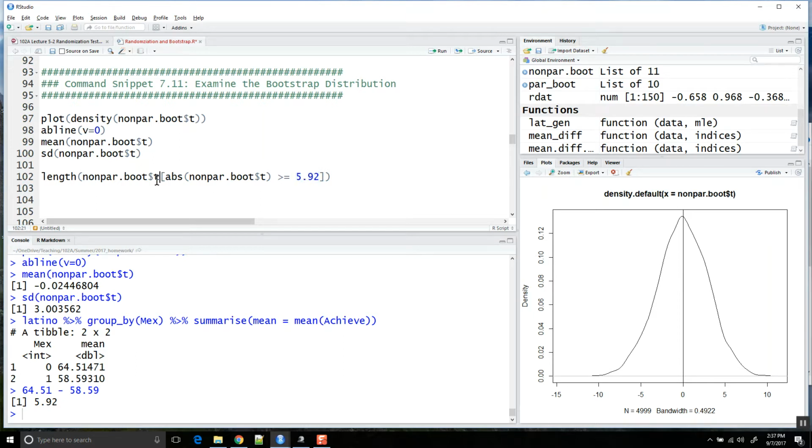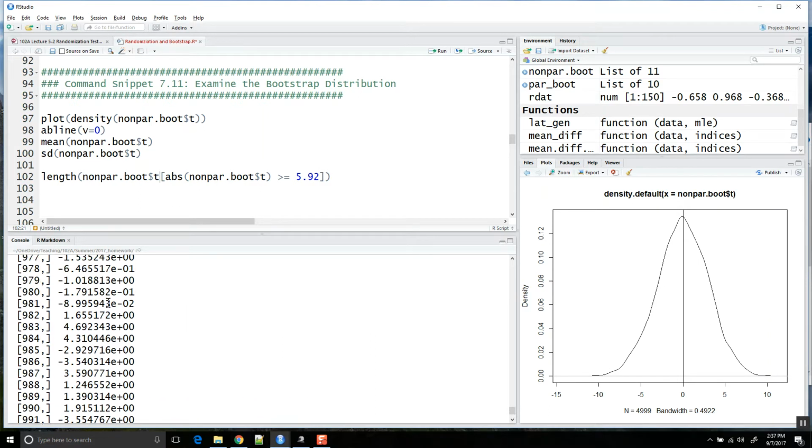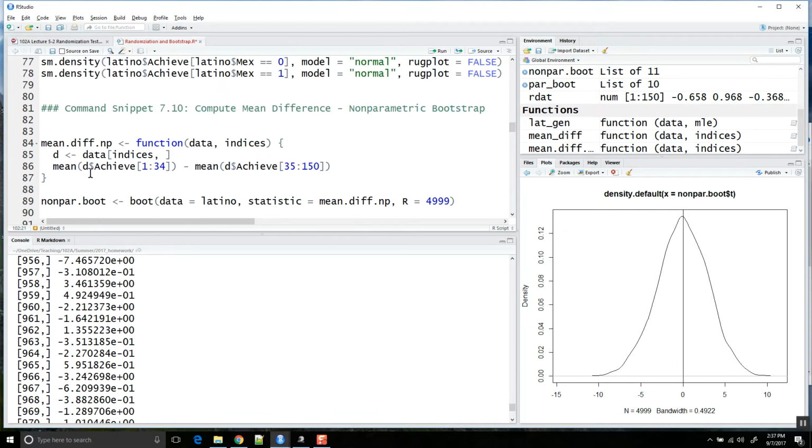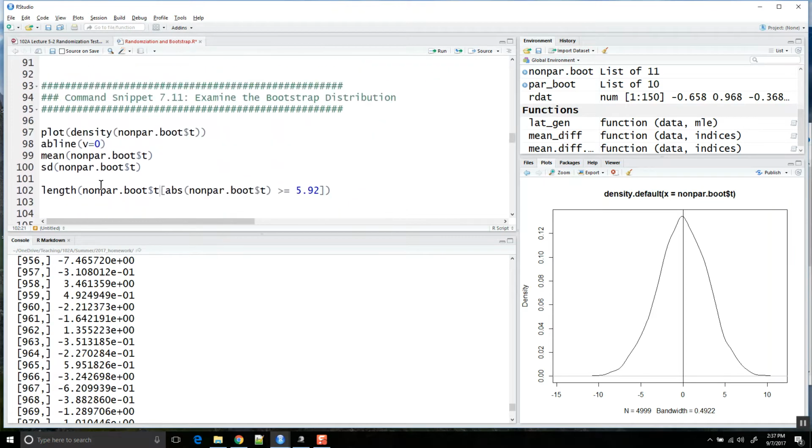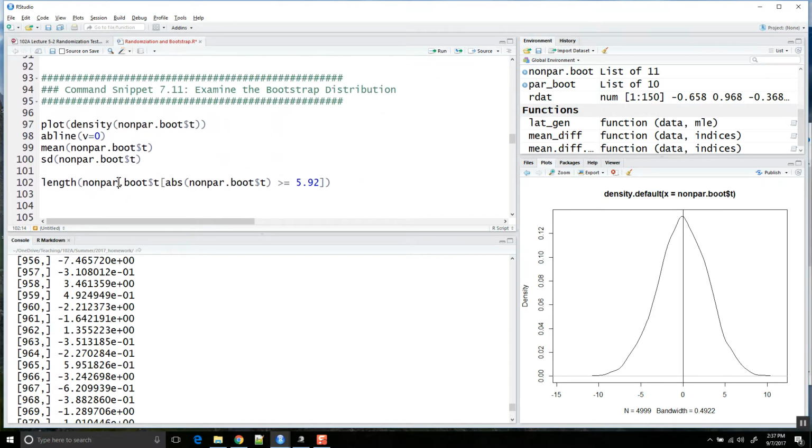Okay, and so the value that we are going for is stored in our results under the $T. So we say nonpar.boot$T. These are the 5,000 differences that the non-parametric bootstrap obtained.